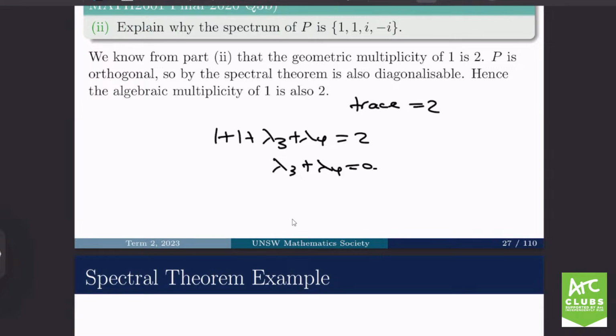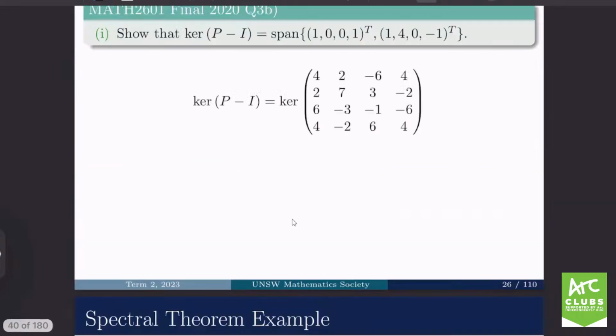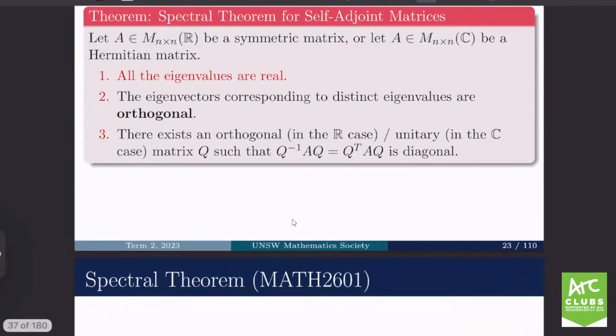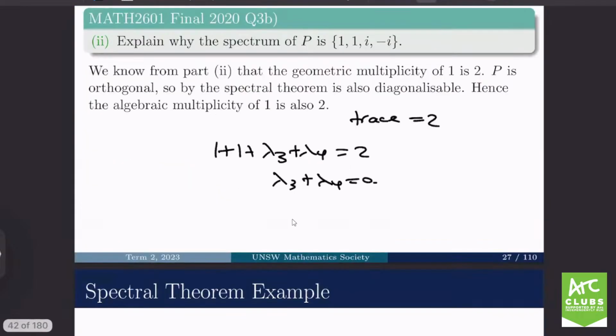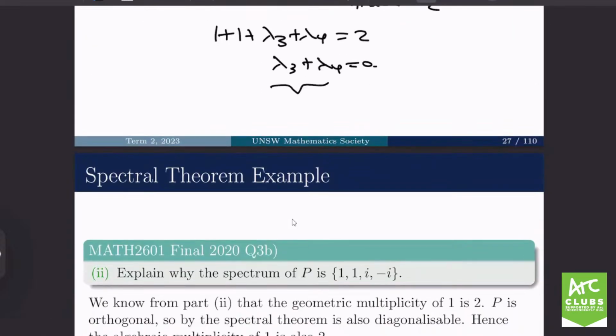Now we have this result again for orthogonal matrices by the spectral theorem. For orthogonal matrices, which are the real version of unitary matrices, all the eigenvalues lie on the unit circle. So what we need is for these to lie on the unit circle as well.